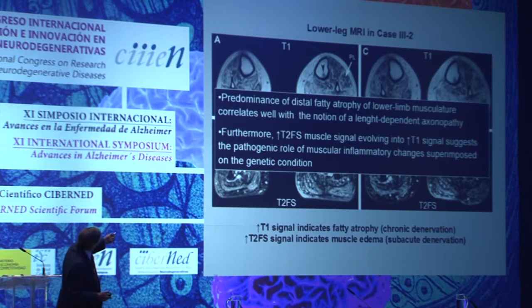That is to say, the predominance of distal fatty atrophy of lower limb musculature, particularly of the feet, correlates well with the notion of length-dependent axonopathy. Furthermore, the increase of T2 fat suppressed signal, evolving to an increase of T1 signal, suggests inflammatory changes superimposed on the genetic condition.